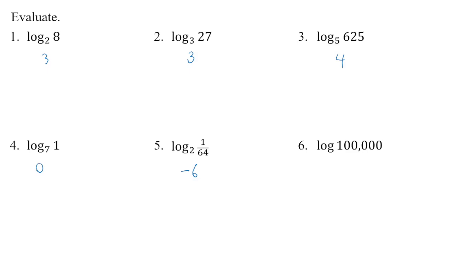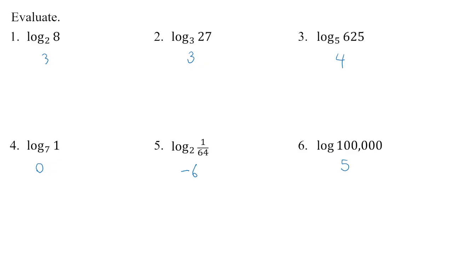Log of 100,000, or log base 10 of 100,000. 10 to the 5th power is 100,000. Therefore, log of 100,000 is 5. So as you can see, if we have a log without a base, that means it's base 10.